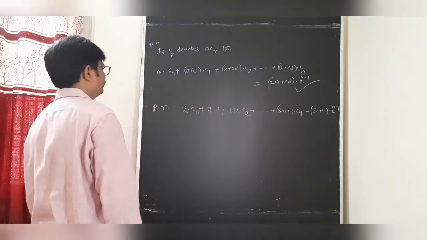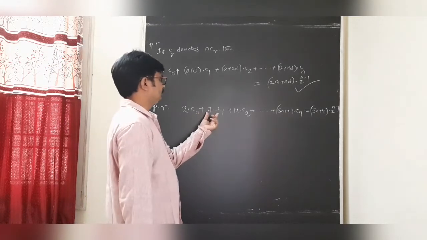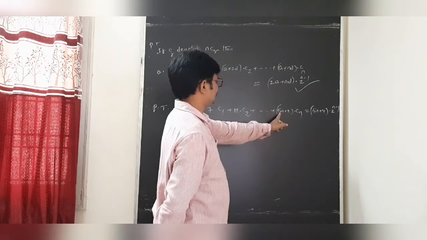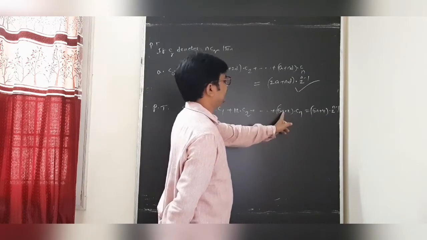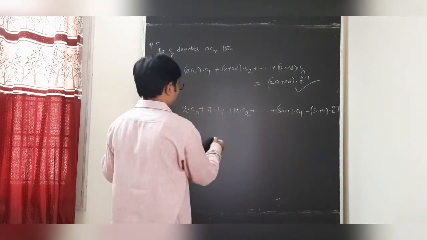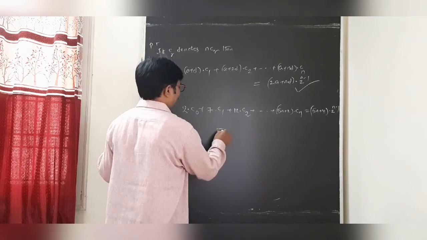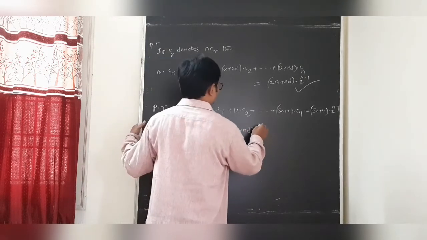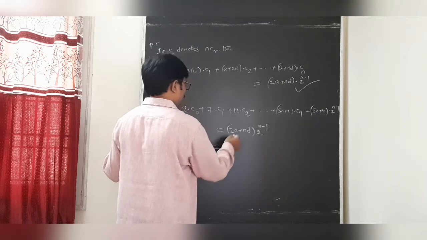So students, this is the form A C0, A plus D C1, where A is 2 and the difference is 5, up to A plus nD into Cn is the form. We know what the form is: 2A plus nD into 2 power n minus 1.